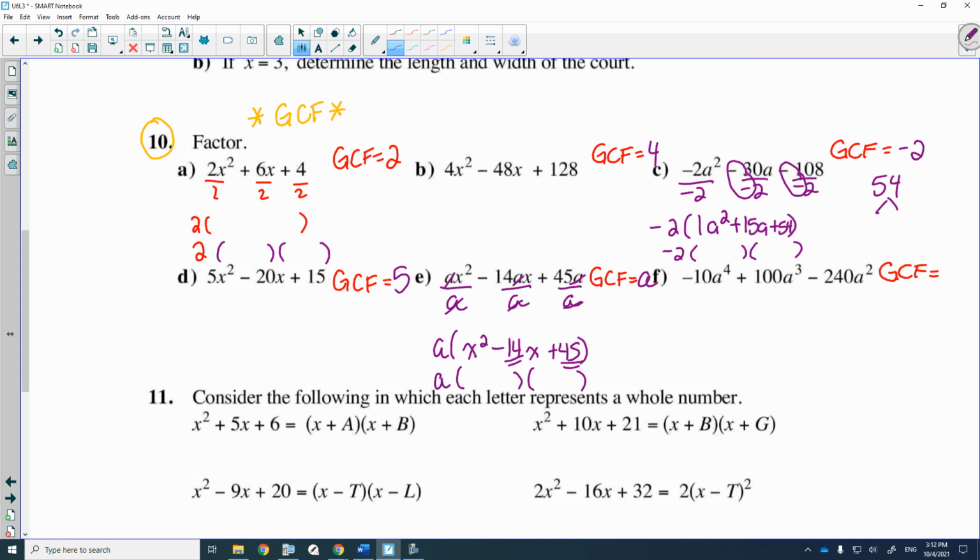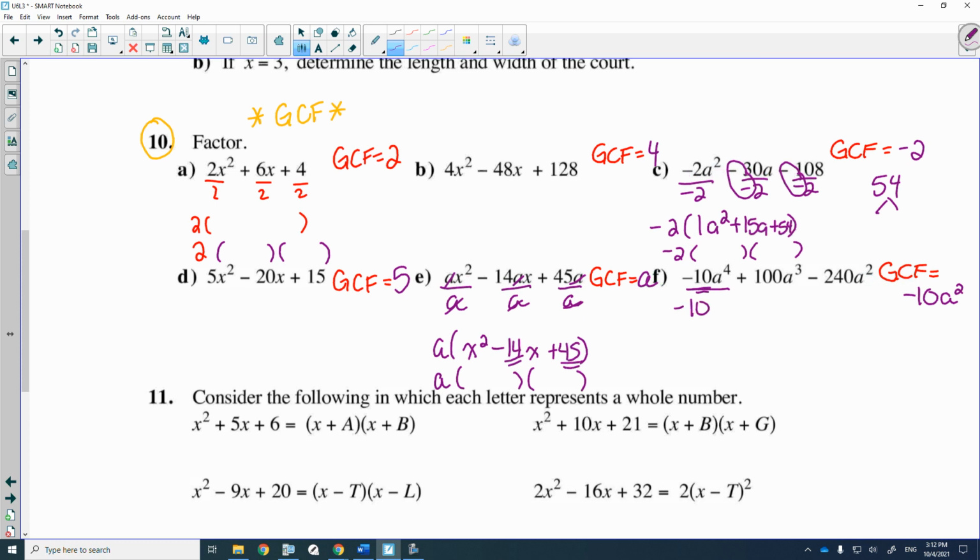This last one, the GCF, it is -10. And we've got common variables, a to the 4, a to the 3, a to the 2. You always take out the variable with the lowest power that's common, which would be a squared.